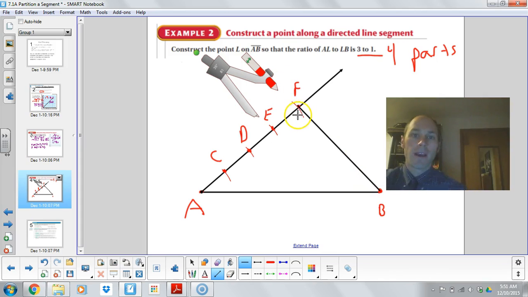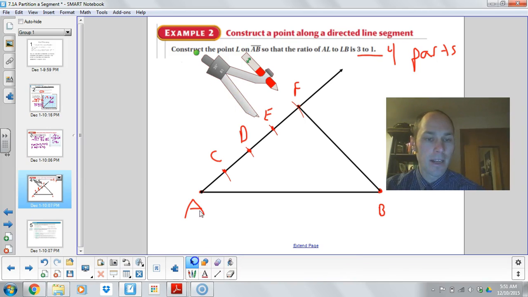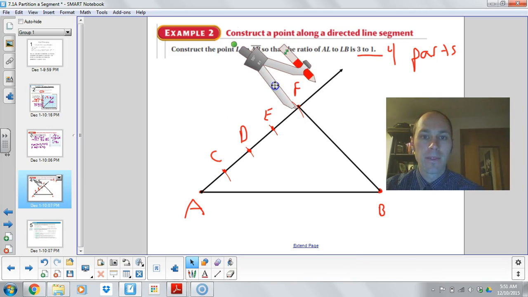Now, if I can take this angle of AFB and copy that angle down so that I get parallel lines, notice I would have a couple of dilated triangles, and I would know that all these lines would be in proportion. So I just now need to copy the angle.